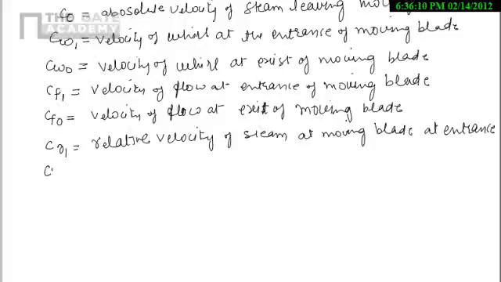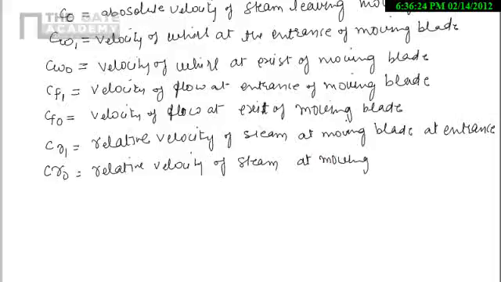Similarly, I am having Cr naught, that is relative velocity of steam at moving blade at exit. And alpha is nothing but the angle with which the tangent of the wheel at which steam with velocity C1 enters. So in other words, that is nozzle angle.